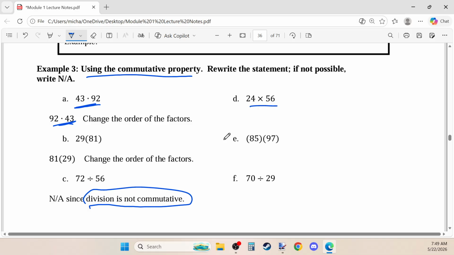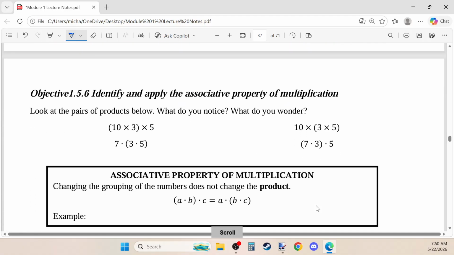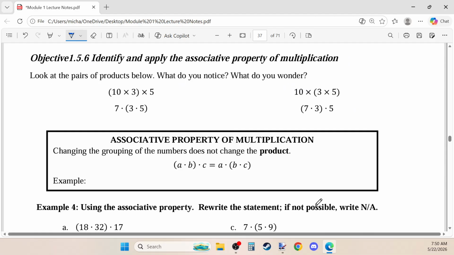You see these are multiplied, so we can switch the order. We can switch the order because these are also being multiplied. And we cannot switch the order for division. Okay.